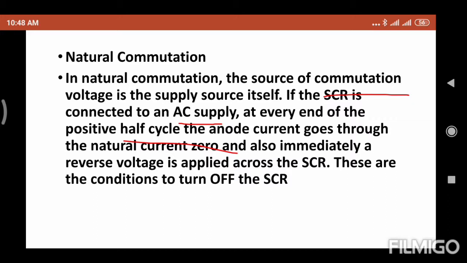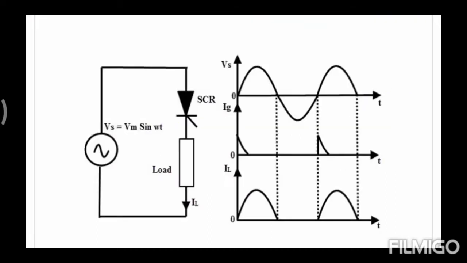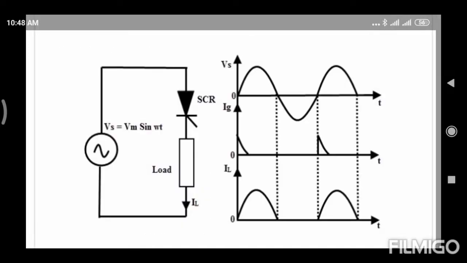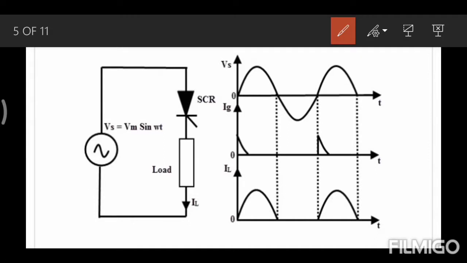So let us see how it works. See here, this is the figure shown for explanation of natural commutation. We are applying AC to the given circuit.